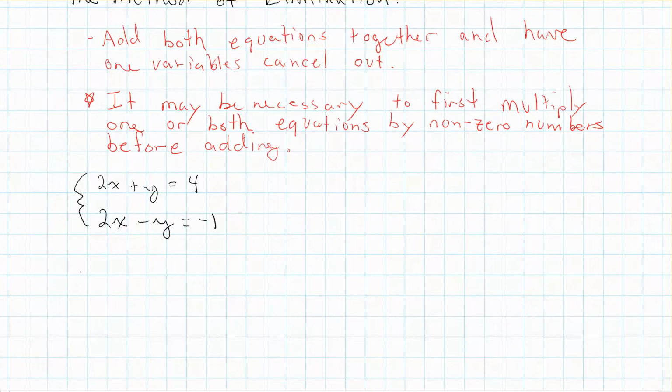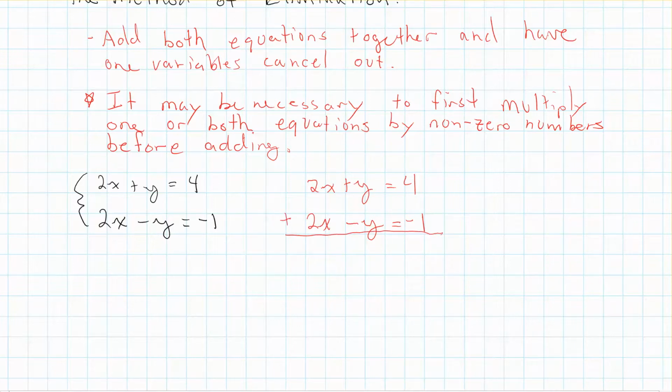Now, when I do these problems, I often don't write the curly braces down when I'm working them. So I would have 2x plus y equals 4, and 2x minus y equals negative 1. And then I'm going to add these together.